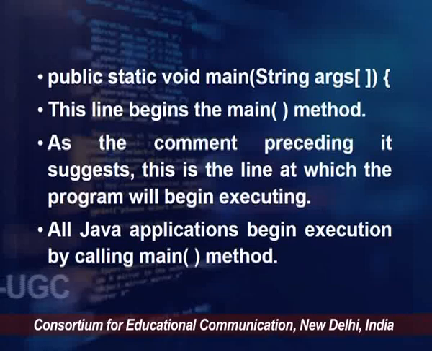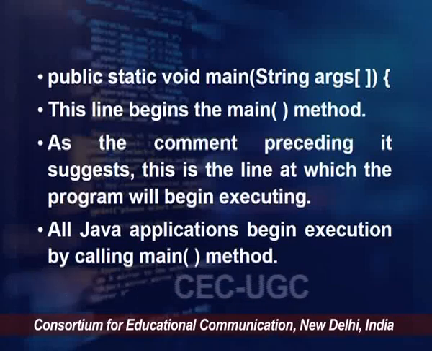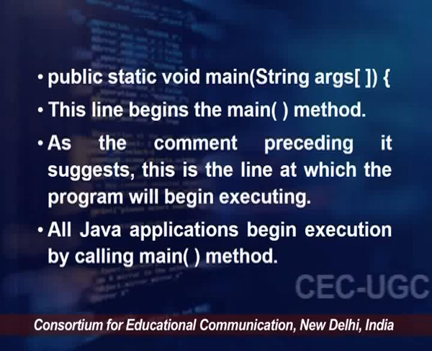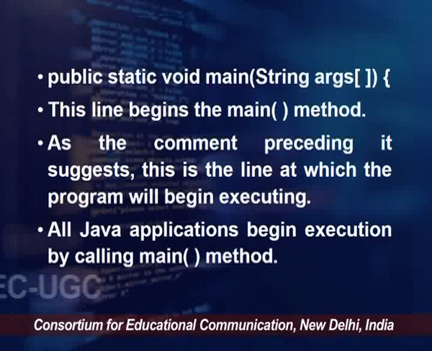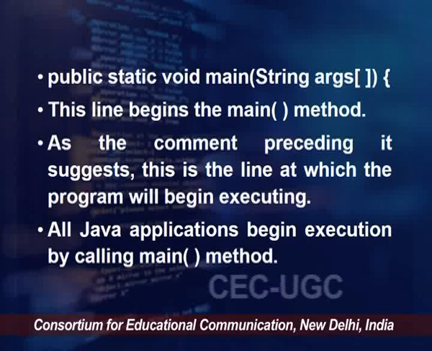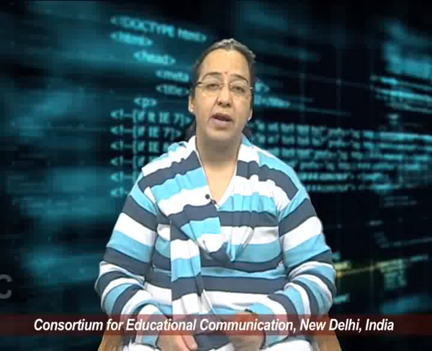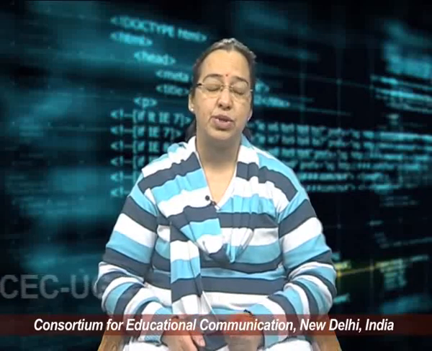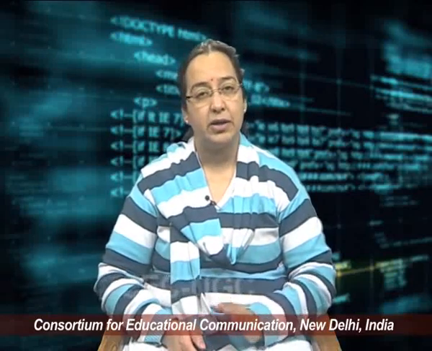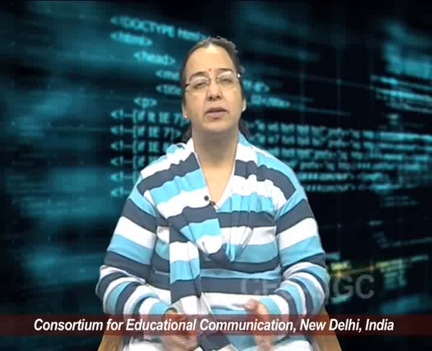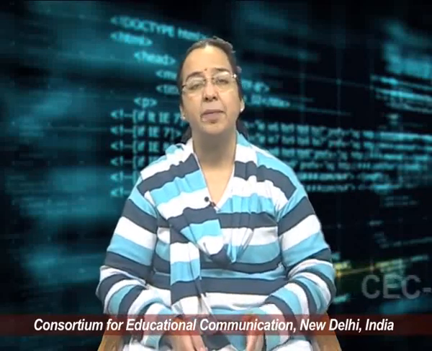So for example, if you have a long source code file, from where your program is going to begin to execute, that is the main method. It's an entry point to the program. So all Java applications begin the execution by calling the main method. That is one thing which is evident here.